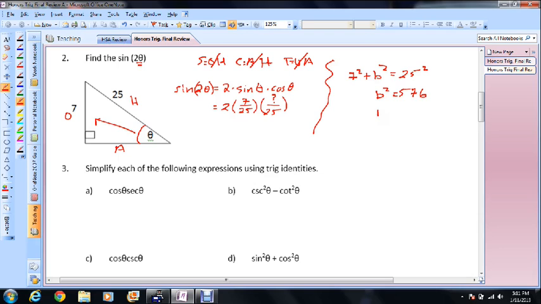Take the square root of that and we get the adjacent side is equal to 24. So that's what I'm going to plug in right here. If you plug that in your calculator or do it by hand, you get 336 over 625 for your final answer.